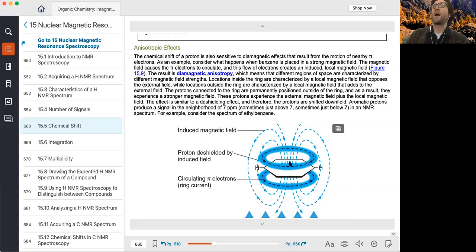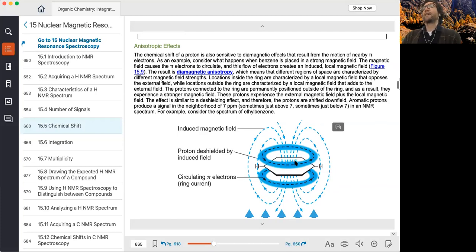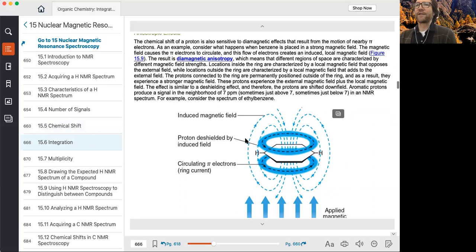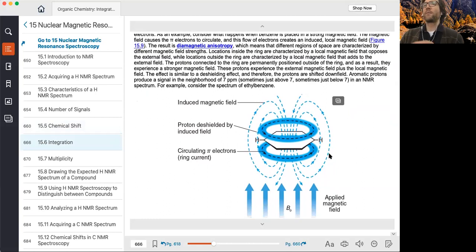Because this is a magnetic field that's generated, the protons on the outside of this ring are going to feel like the magnetic field that we apply in NMR spectrometry is actually stronger than it really is. So because these protons feel like the signal is stronger, they are going to be downfield. They're going to appear de-shielded, just like protons next to highly electronegative elements.